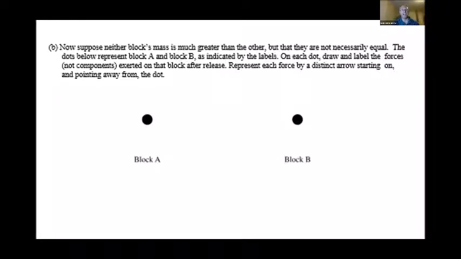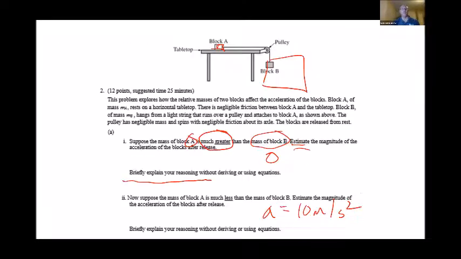Represent each force by a distinct arrow starting on, and notice, starting on and pointing away from the dot. So there's what Ms. Simons pointed out to you a second ago. So for block A, what forces should I be showing on my free body diagram? Block A. Somebody help me out.